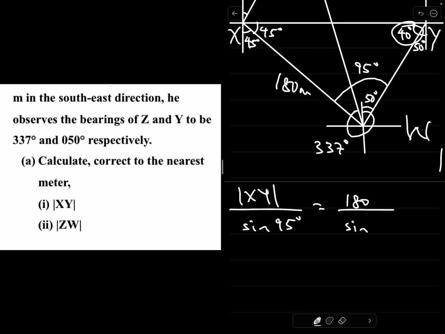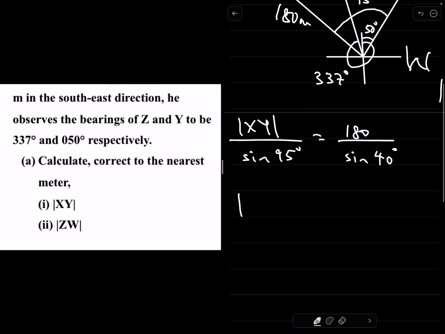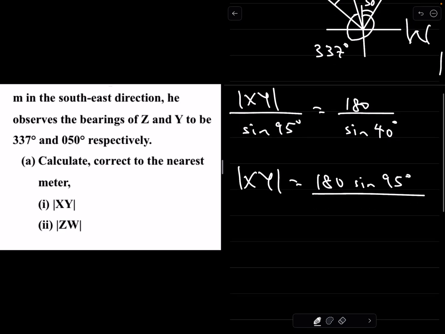And that simply means length XY is equal to 180 times sine 95 degrees over sine 40 degrees.